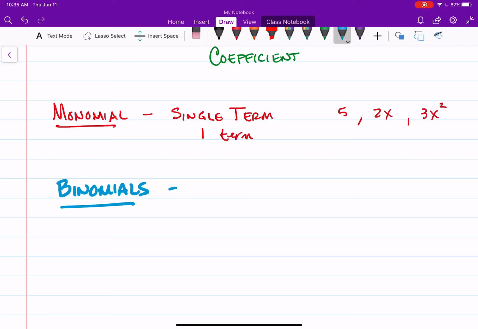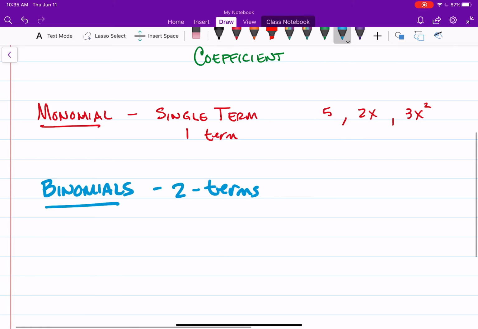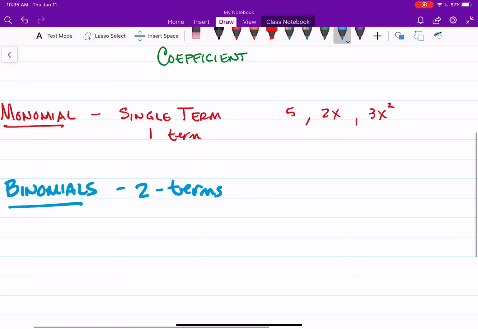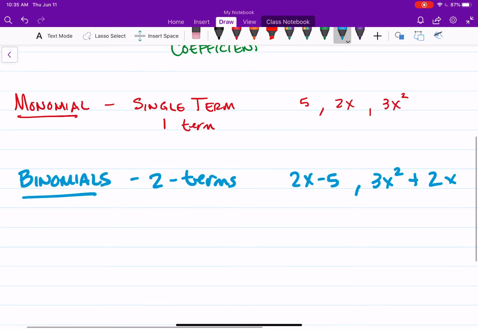Binomials is 2 terms. What are some examples of 2 terms? Well, combining any 2 of the single terms. So like 2x minus 5. 3x squared plus 2x. So there is 2 terms. So if you notice that terms are separated by addition subtraction signs.